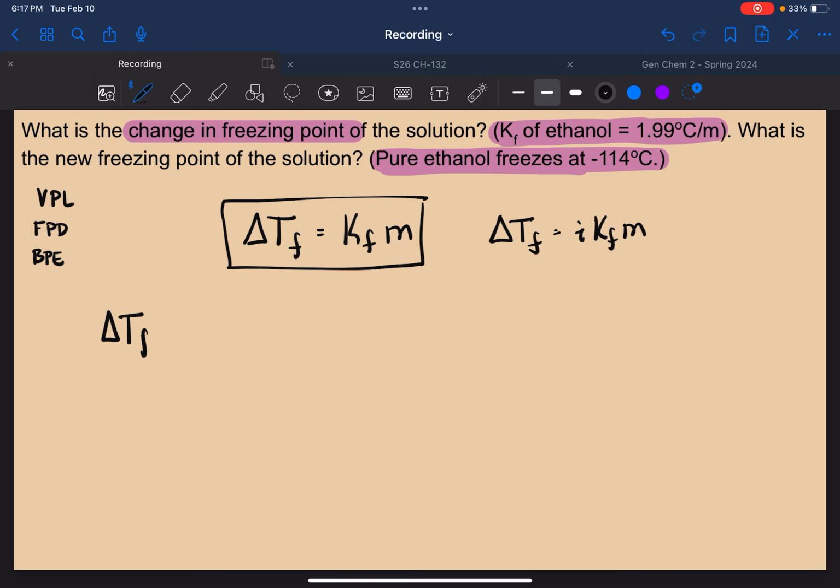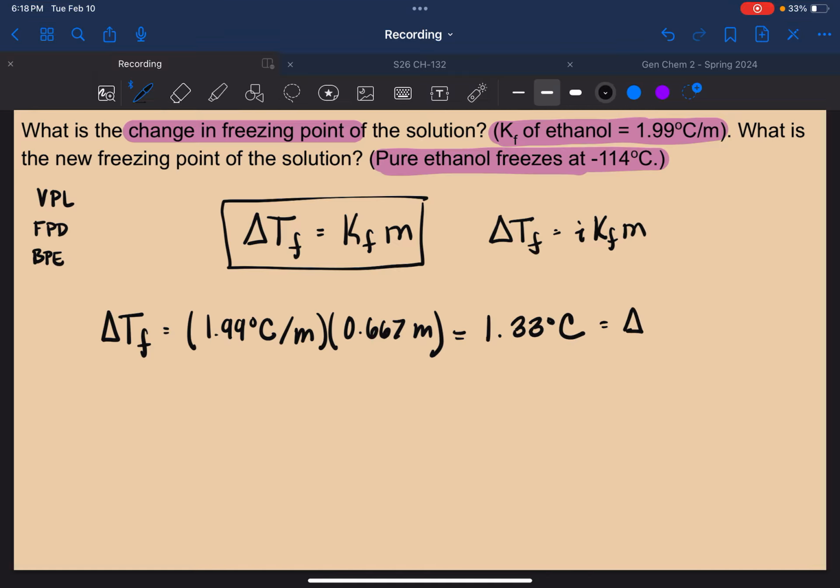And I'm going to say the change in the freezing point is going to be equal to 1.99 degrees Celsius per molal. And we already calculated the molality, 0.667. And you can go ahead and punch that into your calculator. And you should get something like 1.33 degrees Celsius is what the change in freezing point will be.